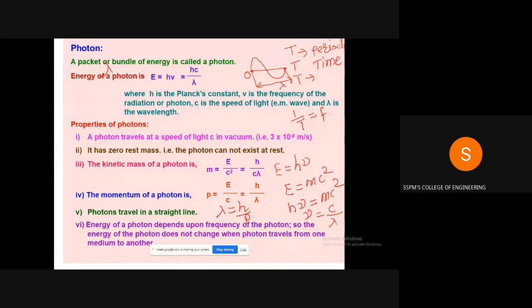What is a wave? A wave is simply an oscillatory disturbance traveling through a medium.